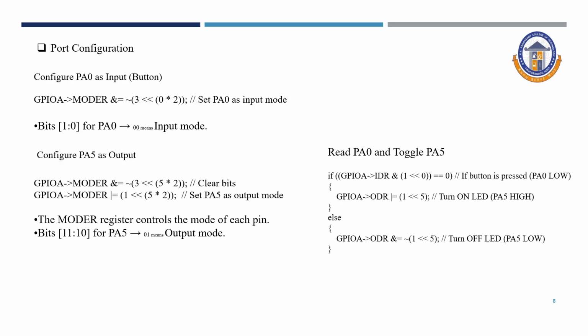This particular slide gives how we can configure the port pins in the STM32 microcontroller. So this particular program gives small information on how we can configure the STM32 microcontroller.